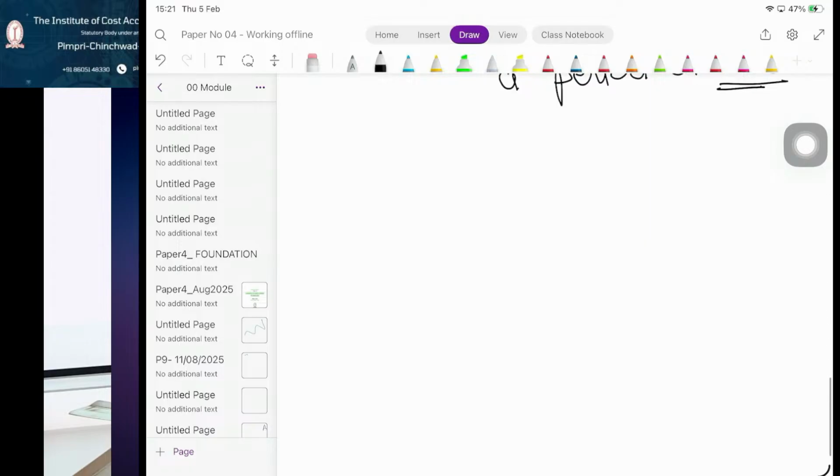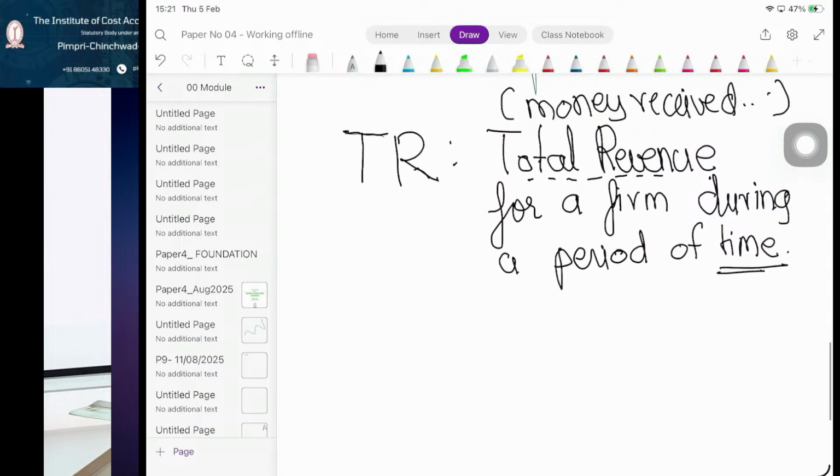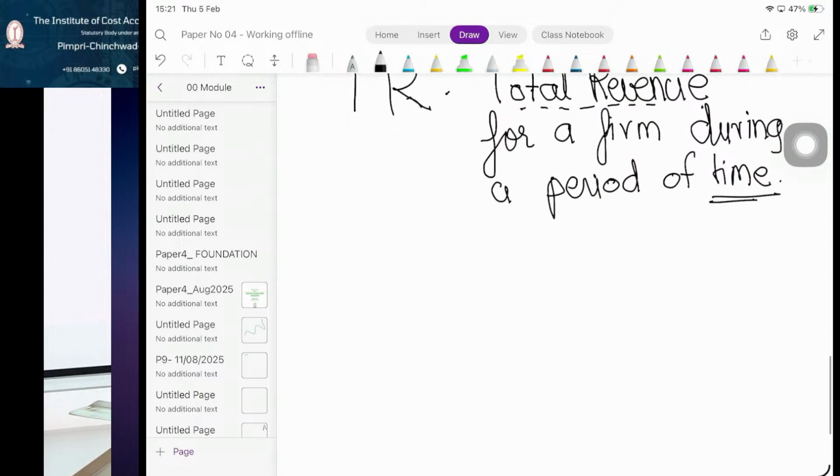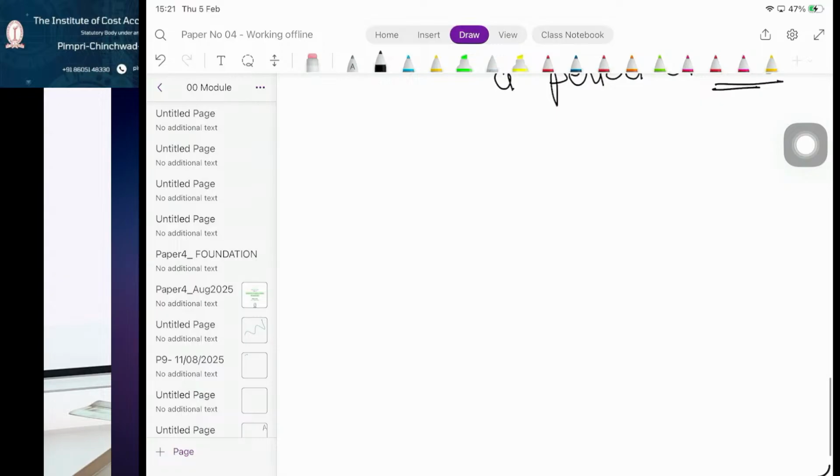Now, just with this help, I want you, have you written this? Can I proceed? Okay, think of something like P and Q. There's an inverse relation between price and quantity demanded.